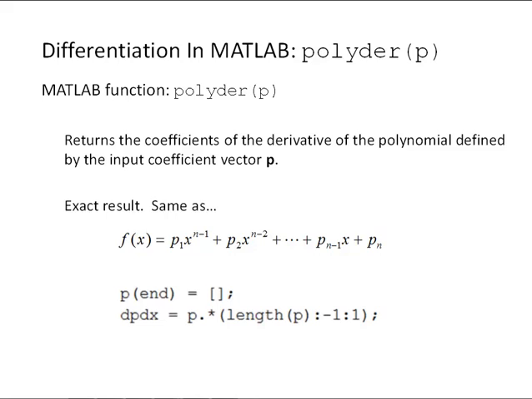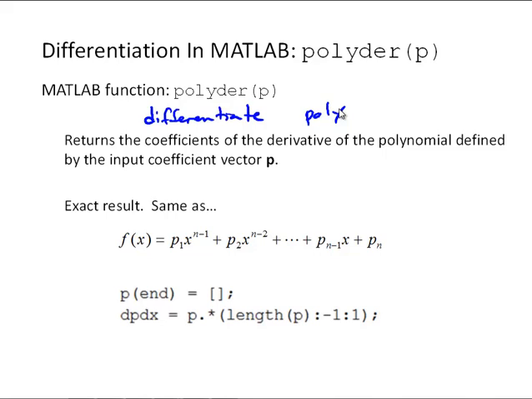Another function MATLAB has that's kind of convenient is the polyder function, and the polyder function is for differentiating polynomials. And this is actually an analytical calculation because it's so easy to calculate the derivative of a polynomial.